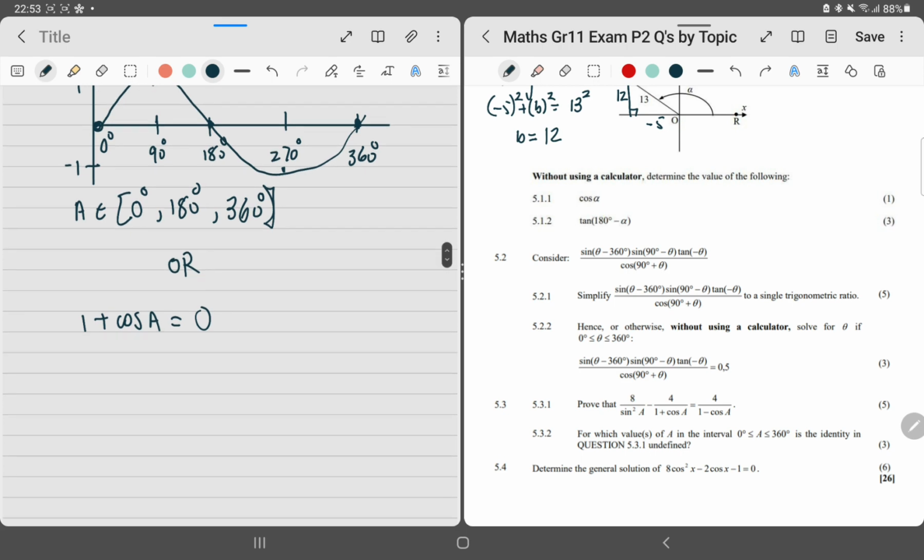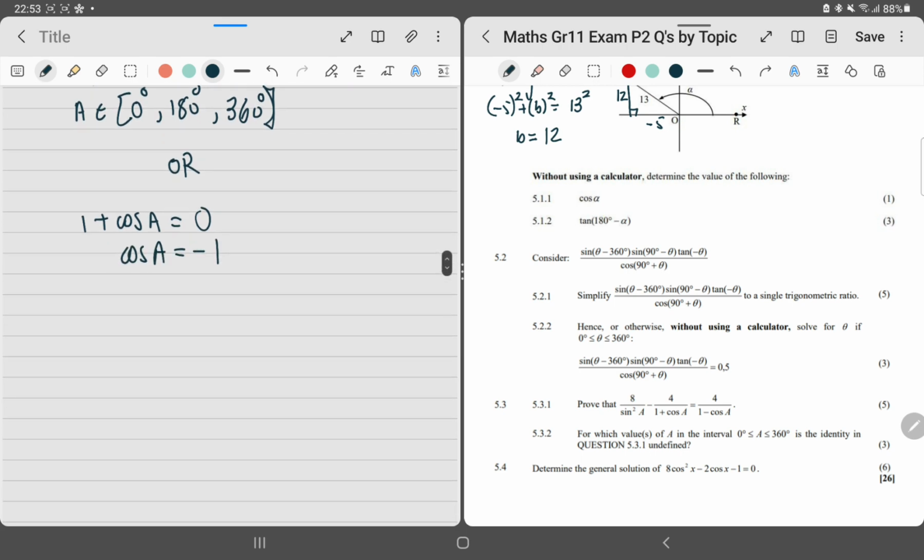This should be equals to 0. So cos of A should be equals to -1. And then this is 0, 90, 180, 270, and 360.